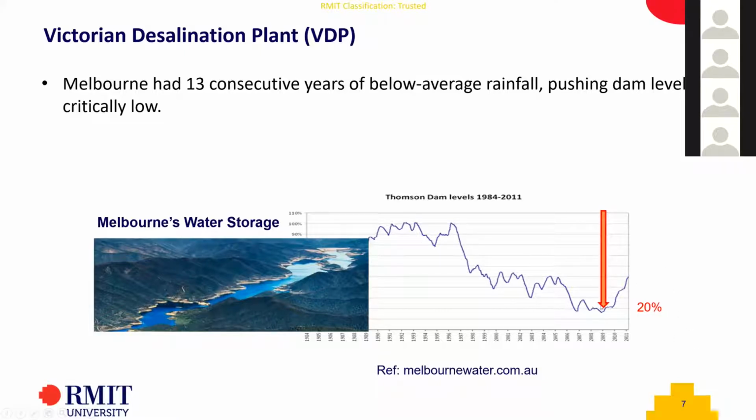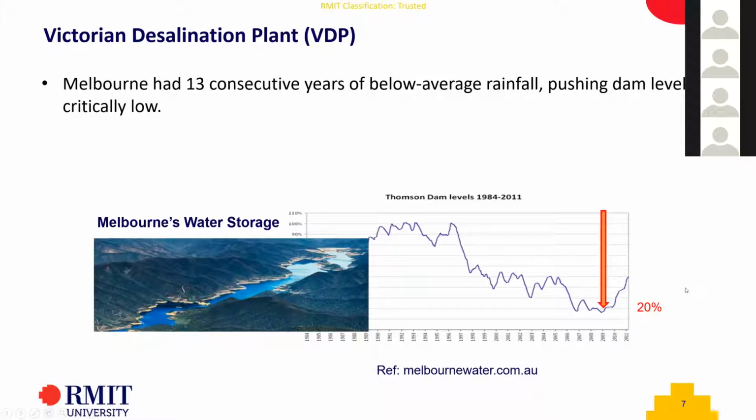This chart is for the water storage data for the Thompson Dam, one of the major freshwater storage dams for Melbourne. As you can see, from 1997 to 2008-09, the lower rainfall caused the water storage to drop dramatically to something around 20%. That was very risky and very alarming.